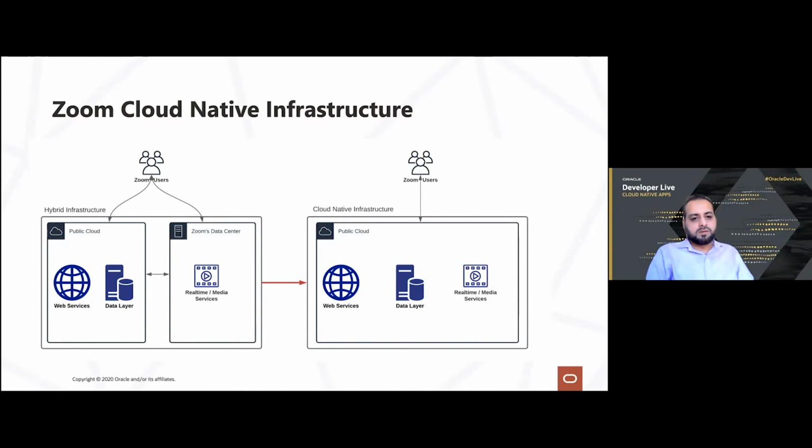In the current model, we still run a lot of our meeting services in colos, but a good number of our meeting services are now in cloud. We have thousands of meeting services in OCI regions across the globe, and so far we've been very happy with the quality and the security of our media services.